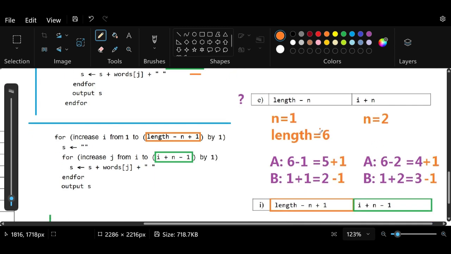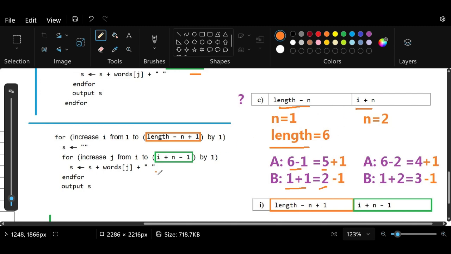If we are doing unigrams, that means n is equal to 1. And if the length of the input is 6, then if we make use of the answer of letter E for blanks A and B, what we get would be 6 minus 1, which is 5. And for blank B, it'll be 1 plus 1, which is 2.